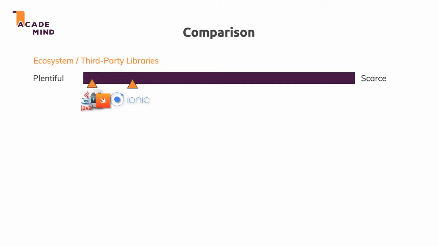Now, for React Native, it's also very good. It's also a web app. It's a React app. And therefore, since you have that restriction that it must be React, it can't be any web app, it's of course a bit further on the right than Ionic is. But React is popular, web apps are popular, and React Native itself is also popular, so you will find plenty of resources there.